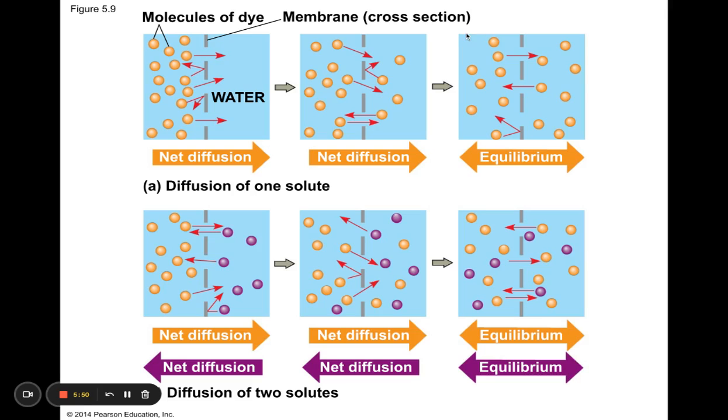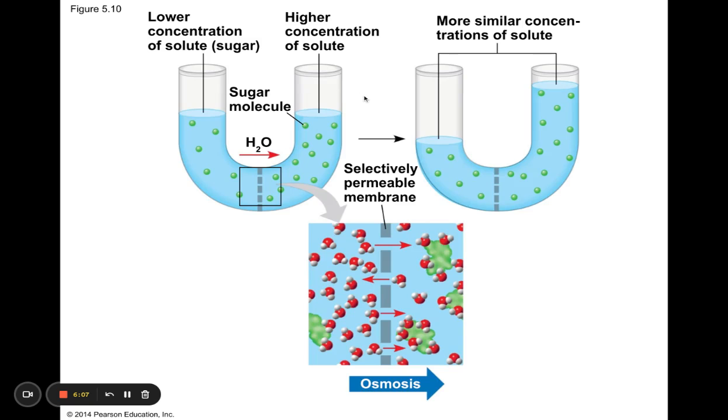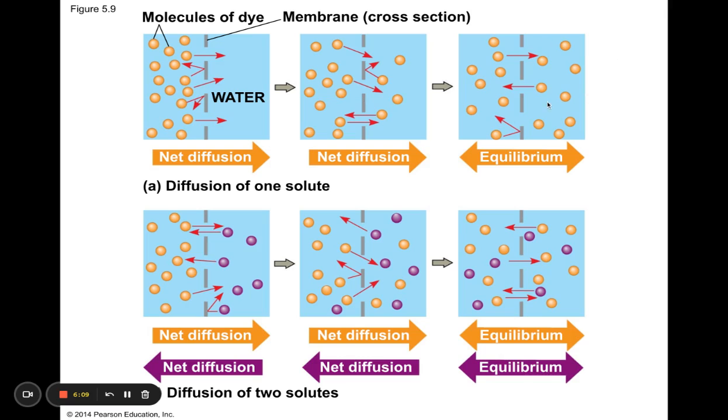Okay. So again, it's important first to stress that molecules are in constant movement and that net diffusion means this is the direction in which the majority of the molecules are moving, but it doesn't mean there aren't some that are moving in the opposite direction. And only then can they understand equilibrium. So equilibrium means that an equal number of molecules are moving left and right.